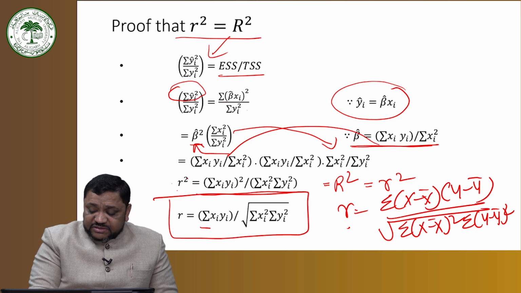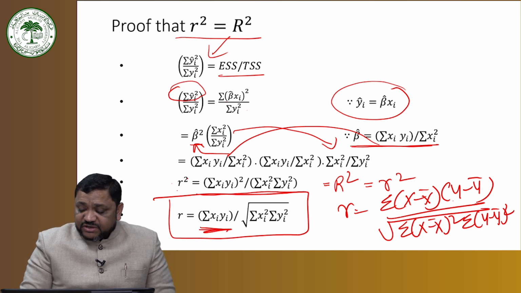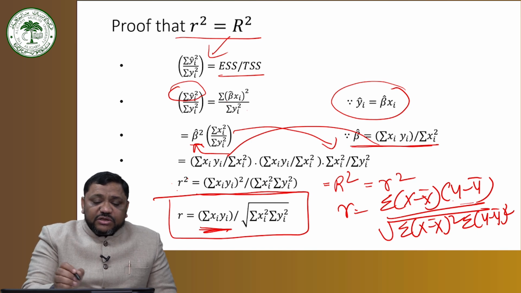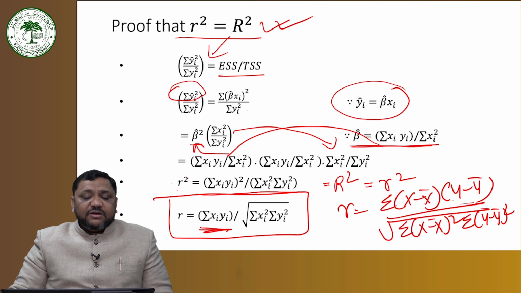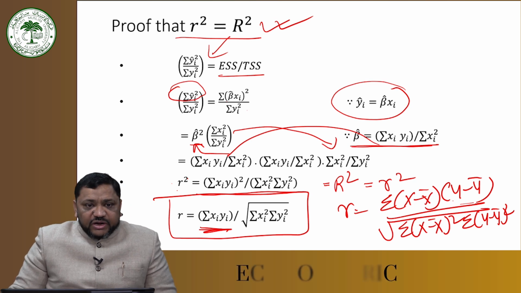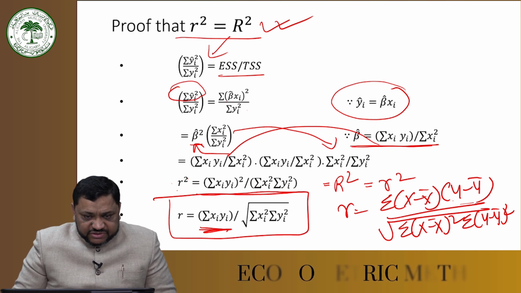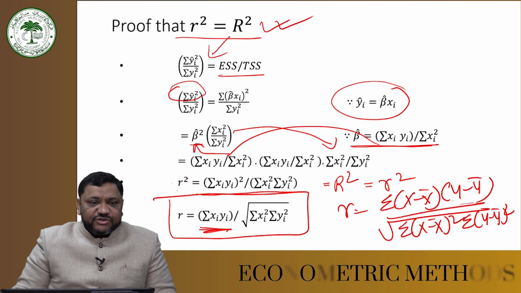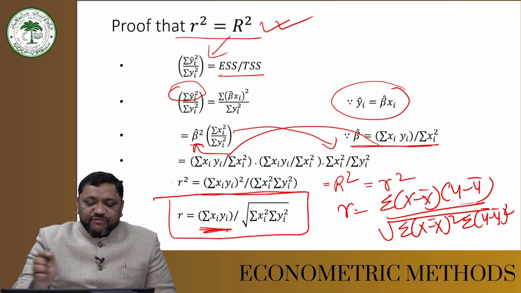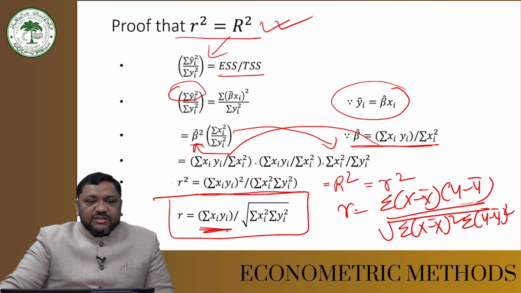This is written in the deviation format, and the other in normal x and normal y. So with this we can say that if we square the Karl-Pearson correlation coefficient, we get what is called the coefficient of determination.